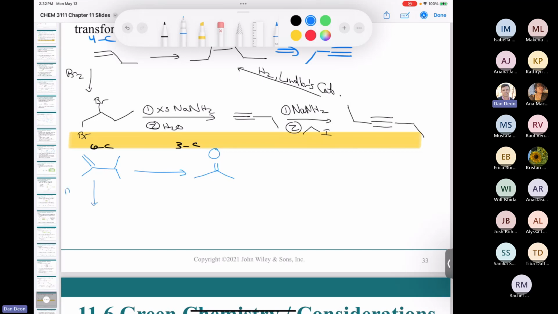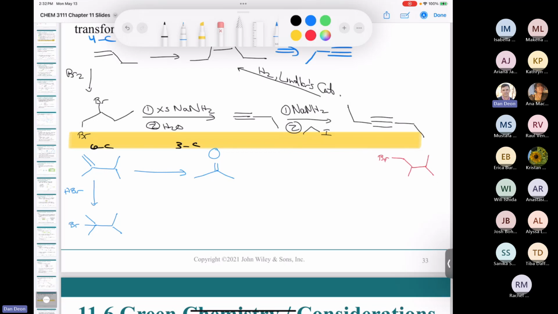I'd probably start with a Markovnikov addition, right? Because that would give you this compound. If I started with an anti-Markovnikov addition, I'd end up with this compound, and then I'm not sure how that would get me closer to the ketone. Let me just move it out of the way here.